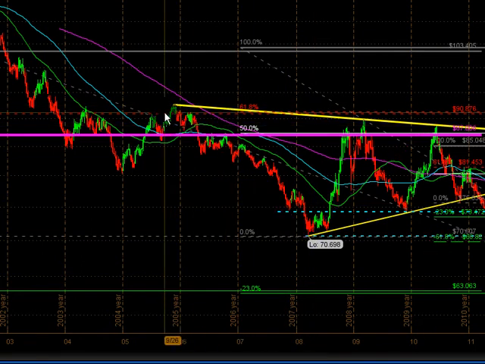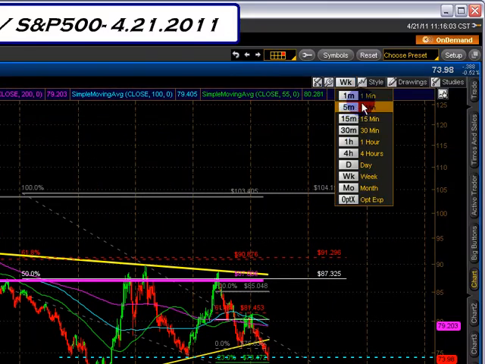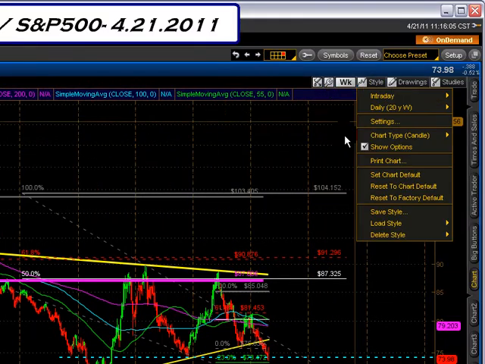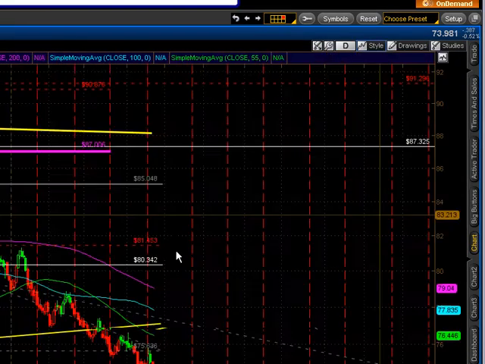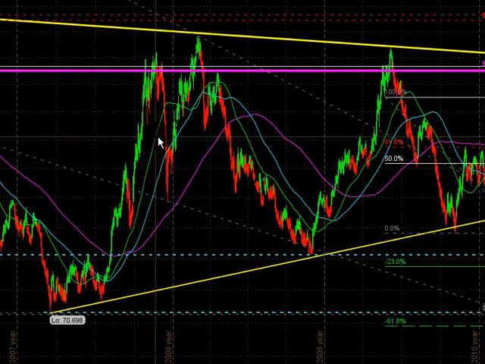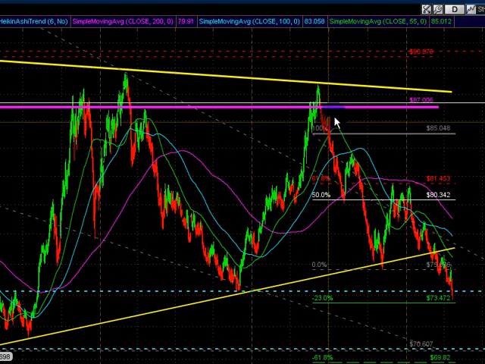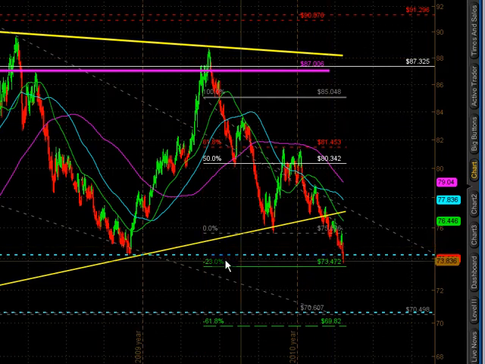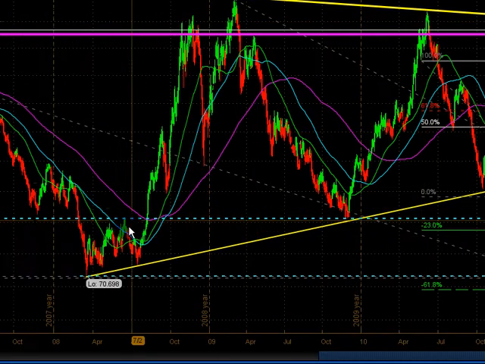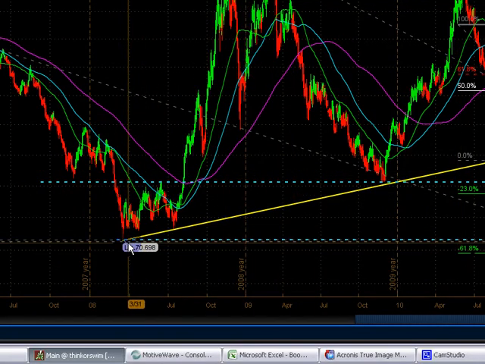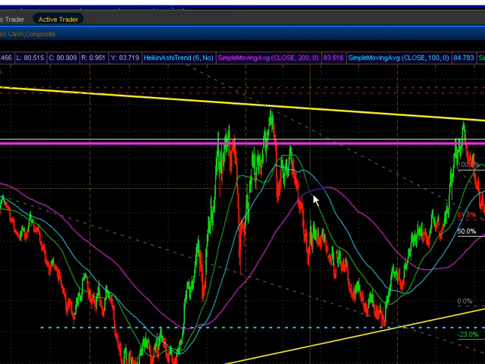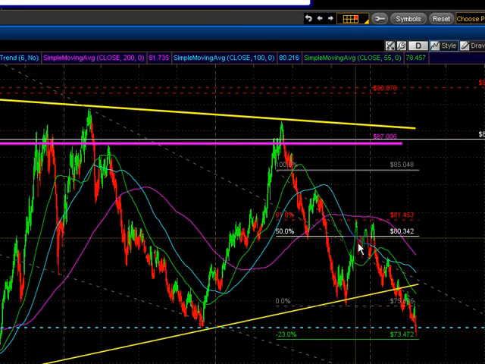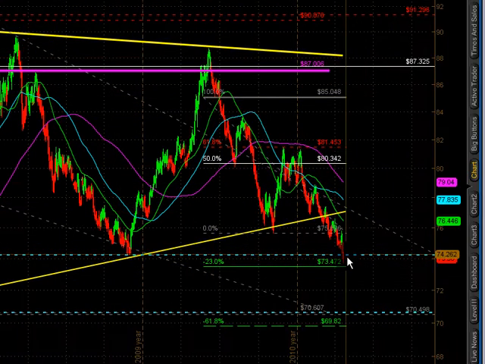I'm going to get rid of that triangle target for a moment, and now take us down to a daily chart, so we can concentrate on this last piece of the puzzle. Now you can definitely make an argument from an Elliott wave standpoint that we have an A wave up, and then an A, B, C, or WXY B wave.